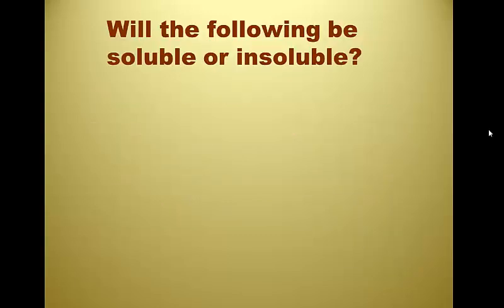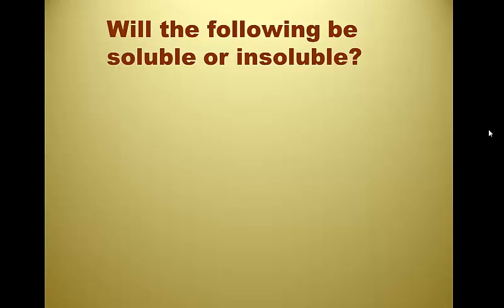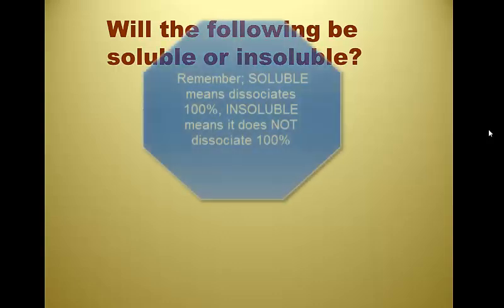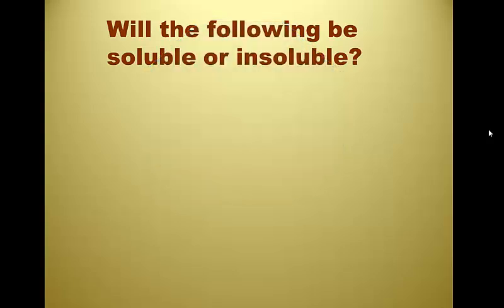Will the following be soluble or insoluble based on solubility rules? With your solubility rules in front of you, you are going to determine if the following compounds are soluble or insoluble. First off, you can usually focus on the anion end, because if you look at your solubility rules briefly, you will notice that the vast majority of the list focuses on the anion.